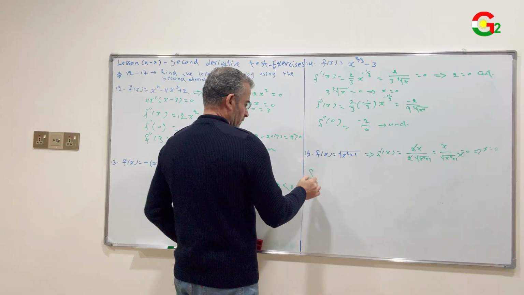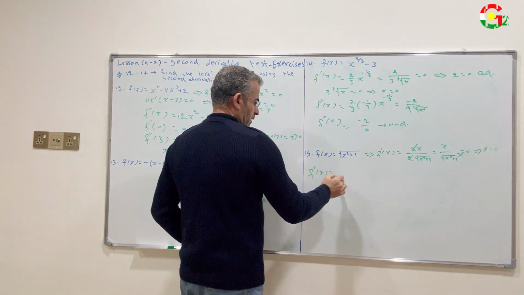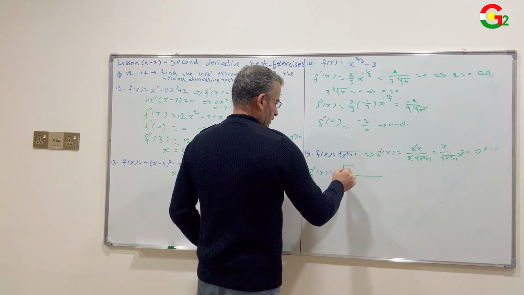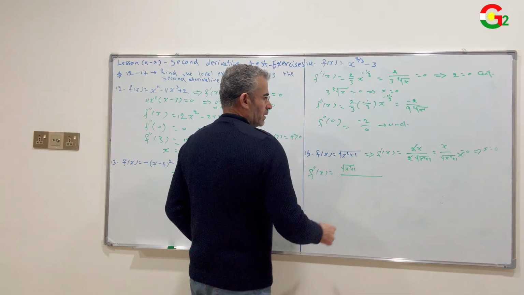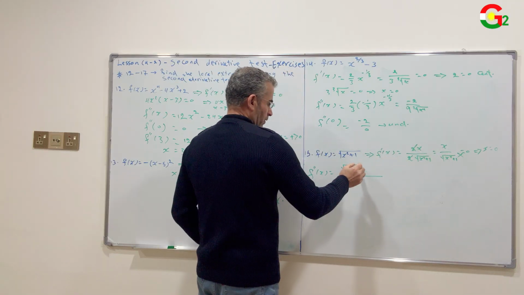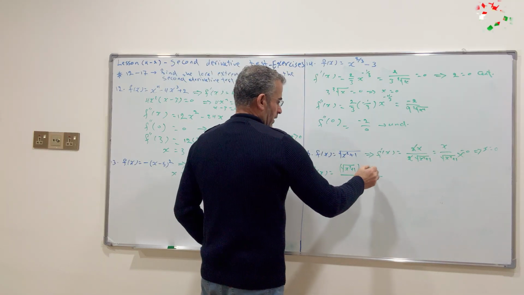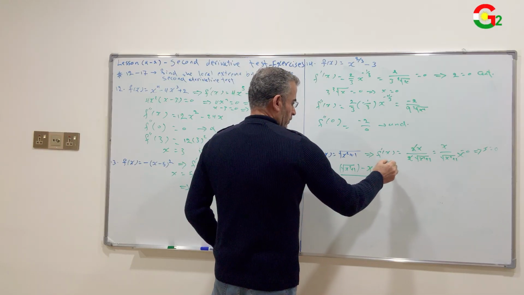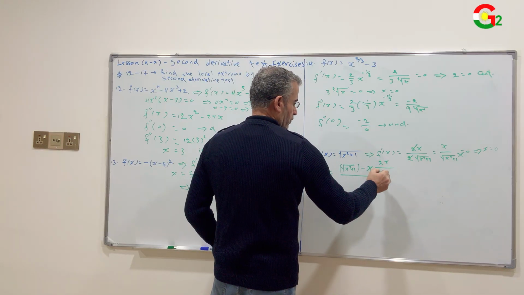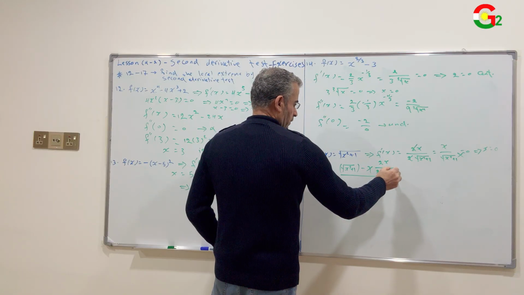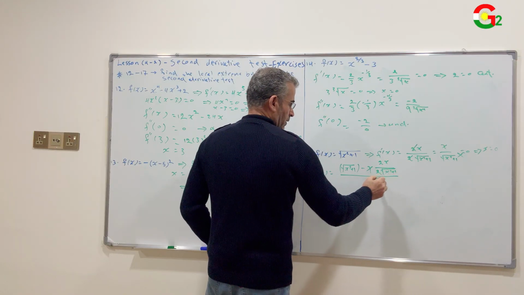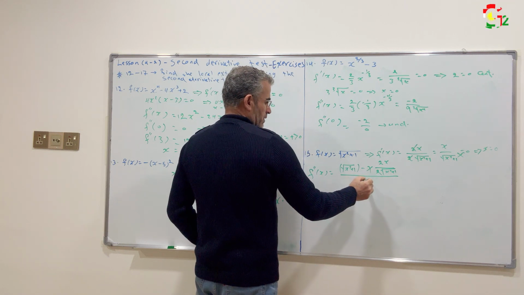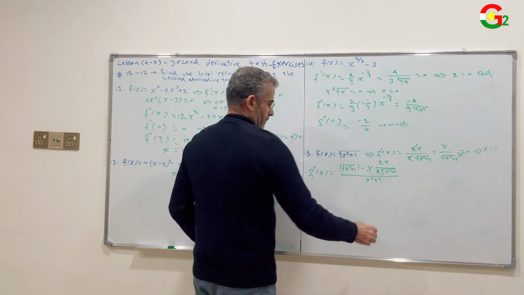Find the second derivative of this function, f double prime of x equals the denominator square root of x squared plus 1 times the derivative of the numerator 1, minus the numerator x times the derivative of the denominator 2x over 2 square root of x squared plus 1, over the denominator square root of x squared plus 1 squared, x squared plus 1.